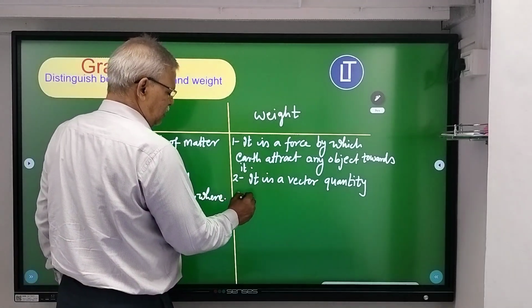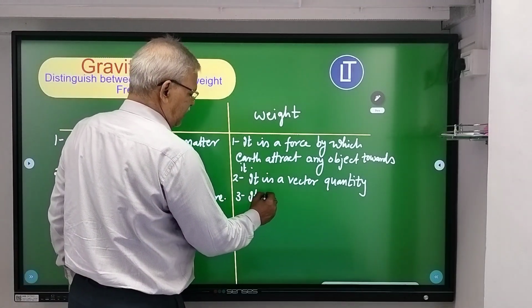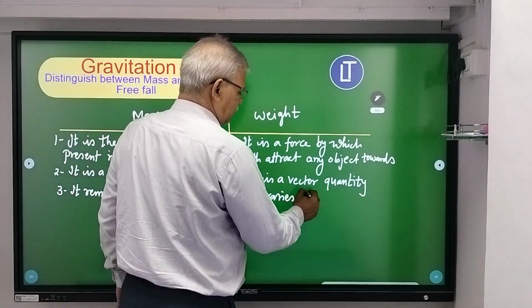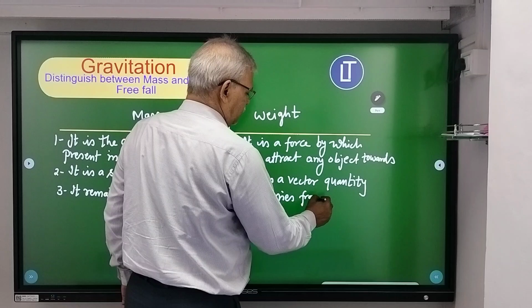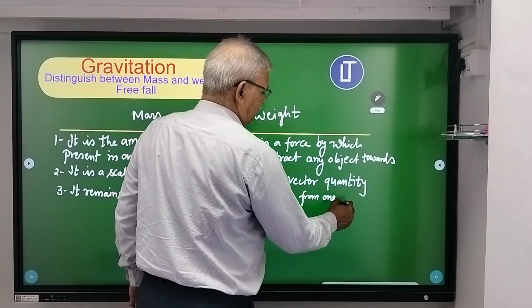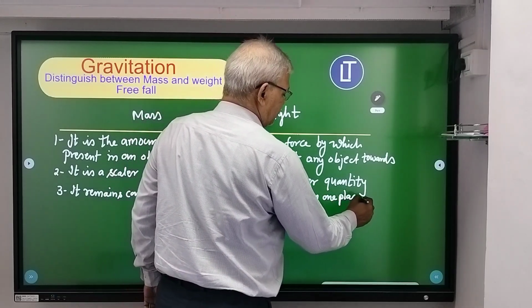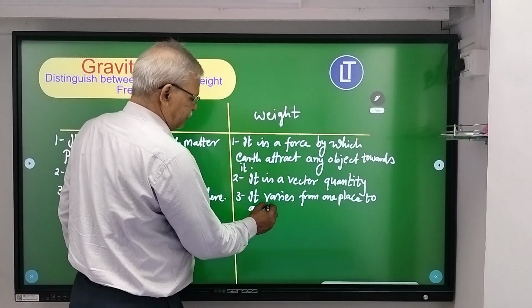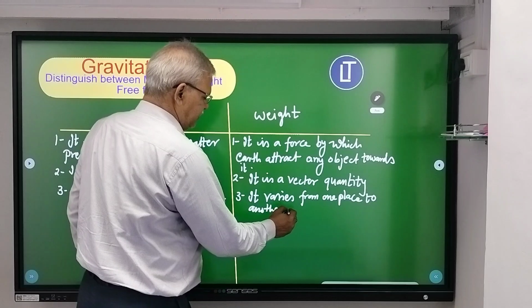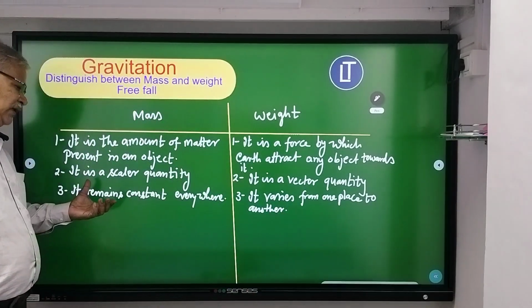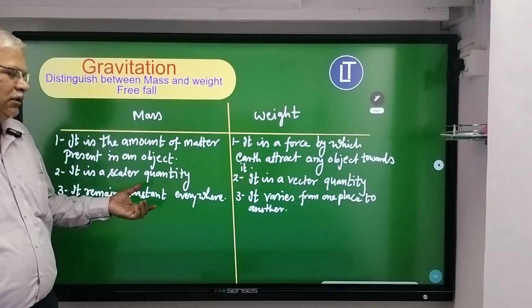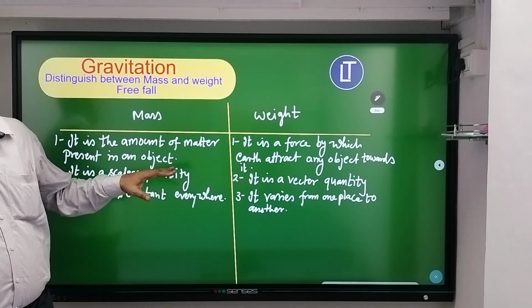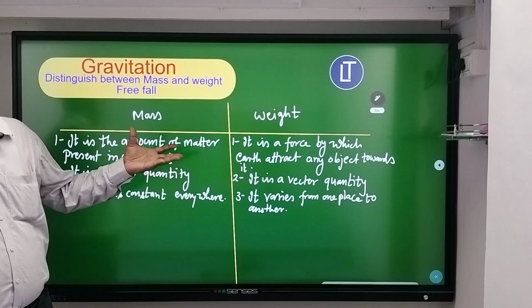Weight varies from one place to another. Now see here, mass remains constant. Whatever is the mass on the earth, if you take it to the moon, its mass will remain the same. It means its matter will not change.